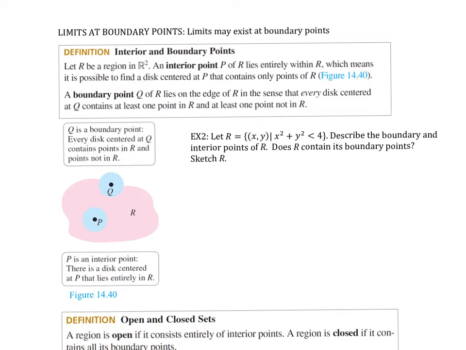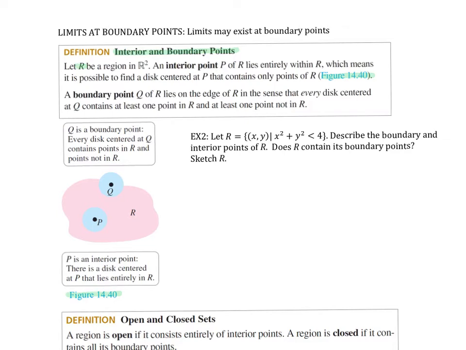So let's look at some vocabulary, and then we'll refer to the diagram here when we talk about this vocabulary. We're going to look at interior and boundary points. So let's say we have this region R, and let's look down at this figure 14.40 down below.